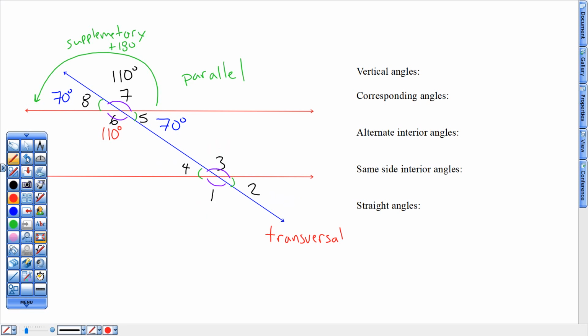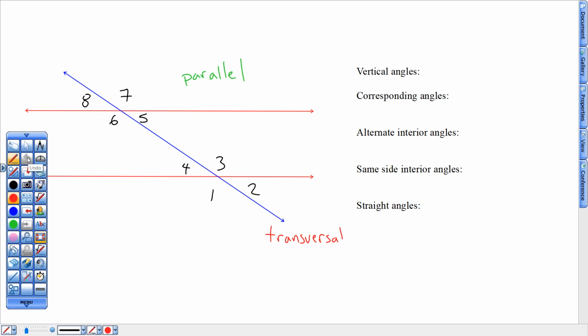So again, your eyeball can see, and if I gave you numbers, you'd be able to plug them in. But what I want you to practice on today is these technical names. So let's get rid of all that stuff. All right, good enough. We'll leave those. What I want you to see is we ask you to list a pair of vertical angles. You could pick any pair you want. Just make sure that they are right across from each other, vertical.